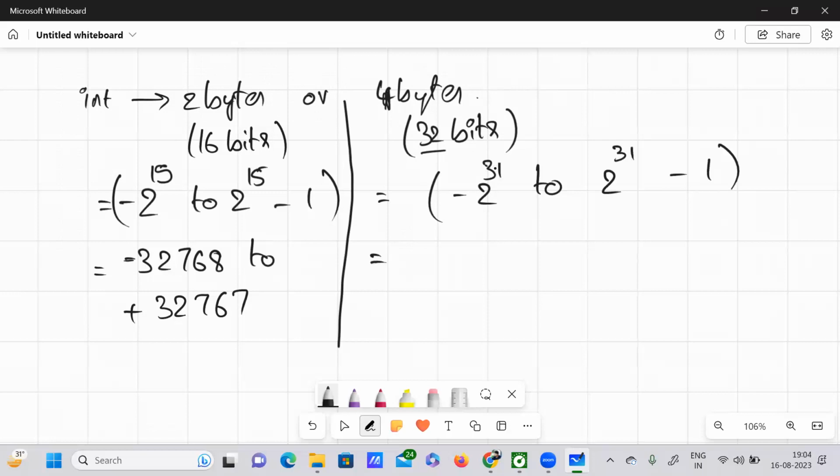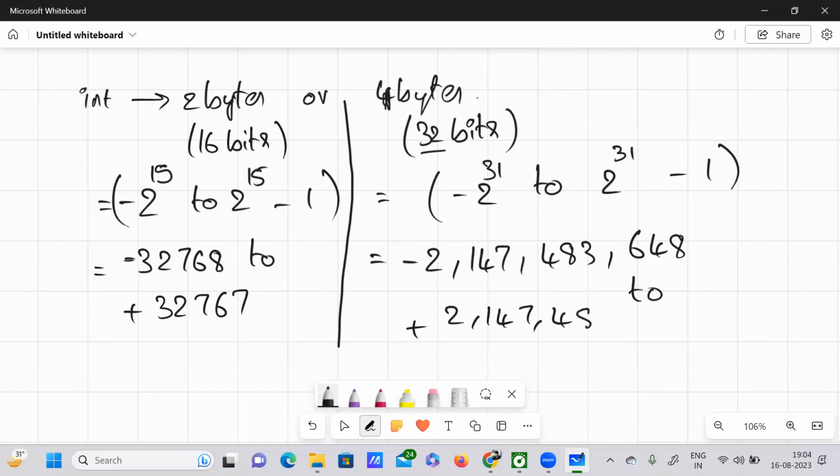So your total value would lie between minus 2147483648 and plus 2147483647. So your total value would lie in this range.